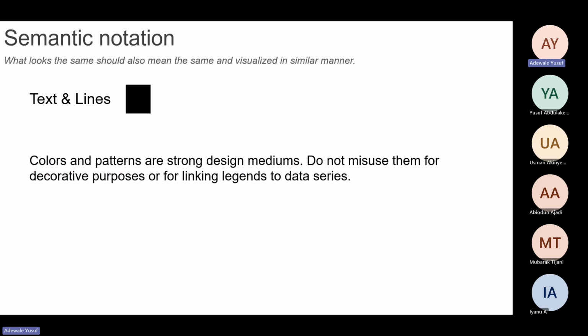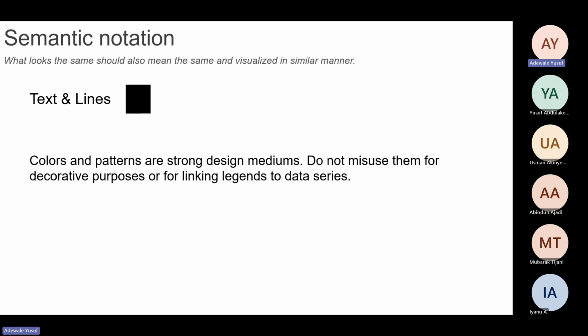So when it comes to text and line, they believe that when you are building a visualization, I'm giving you some standards you need to take note of. When you are talking about text and line in your dashboard, you should have this kind of black color. So colors and patterns are strong design media. Don't misuse them for decorative purposes.